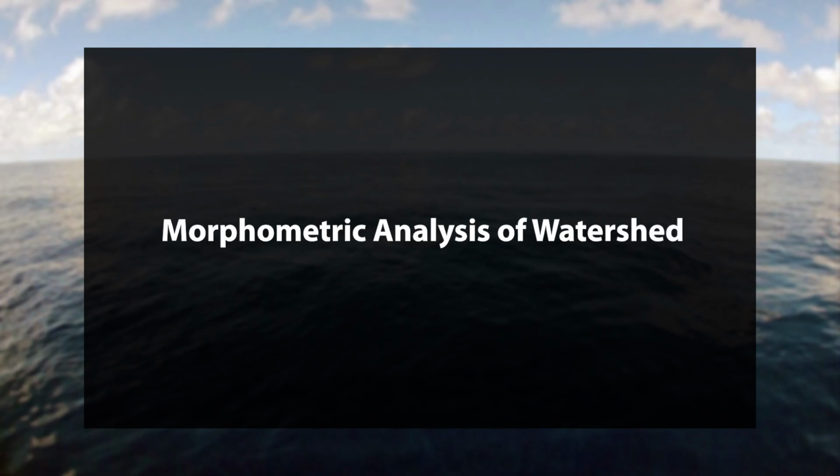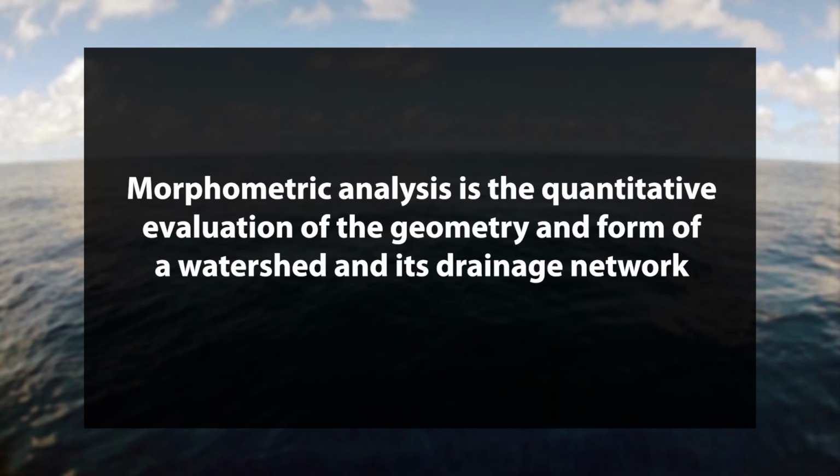So, morphometric analysis of the watershed. The concept was pioneered by Horton in 1945 and later refined by Strahler, forming the foundation of modern quantitative geomorphology. Morphometric analysis is the quantitative evaluation of geometry and form of a watershed and its drainage network.